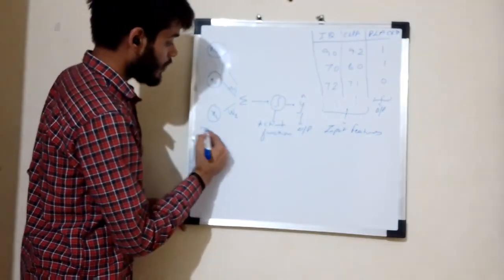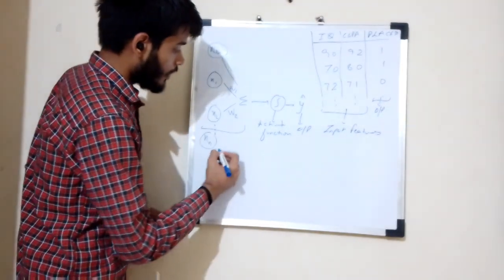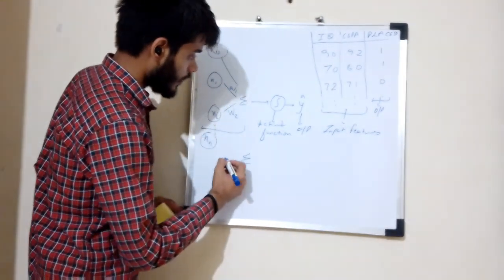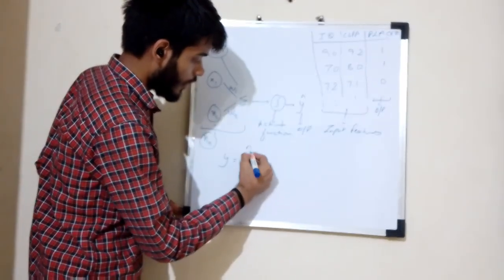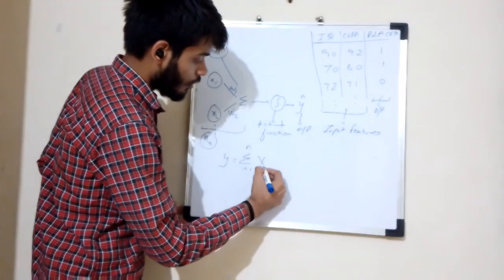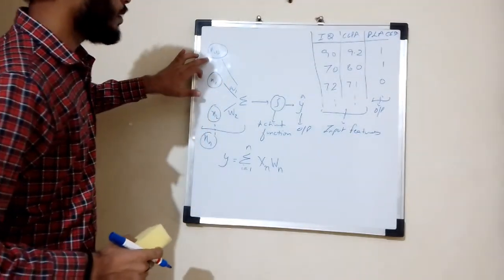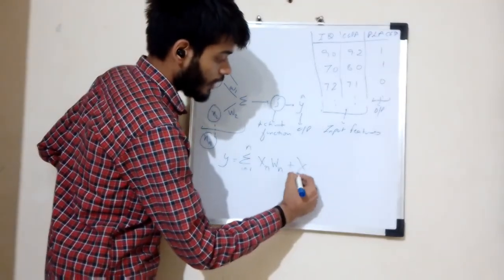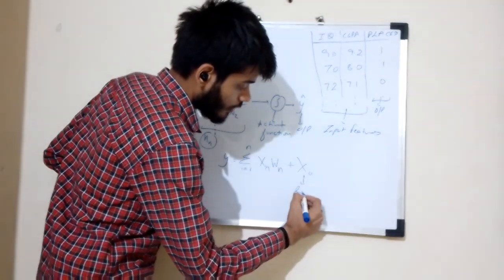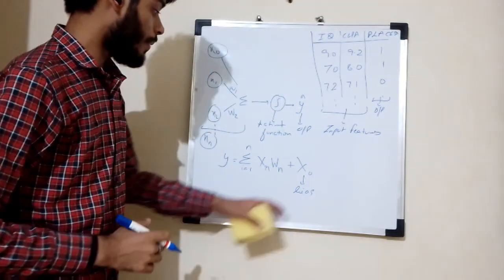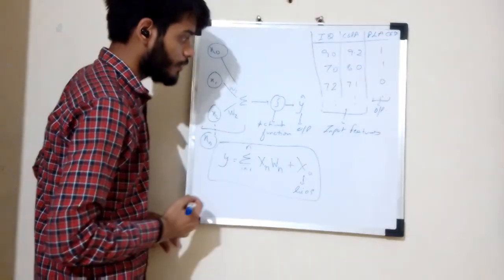Suppose I can have n number of features. This can be represented as y equals summation of i equals 1 to n, where I take x of i and multiply it with w of i, and then add the bias x0. x0 is a scalar known as the bias.